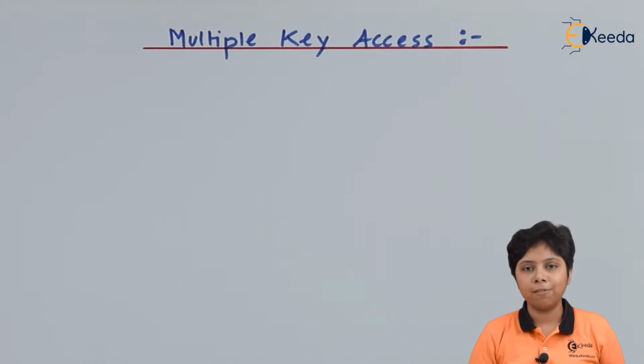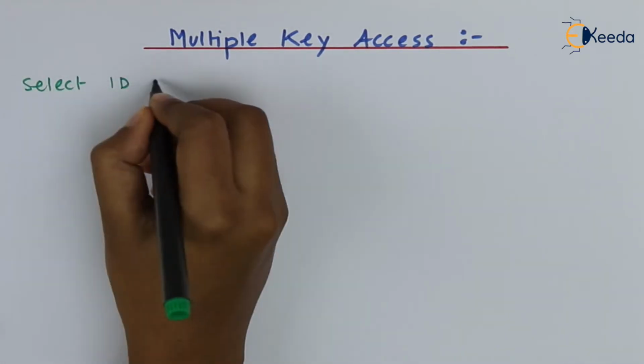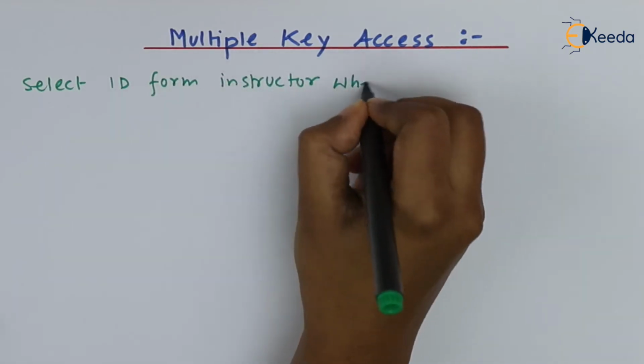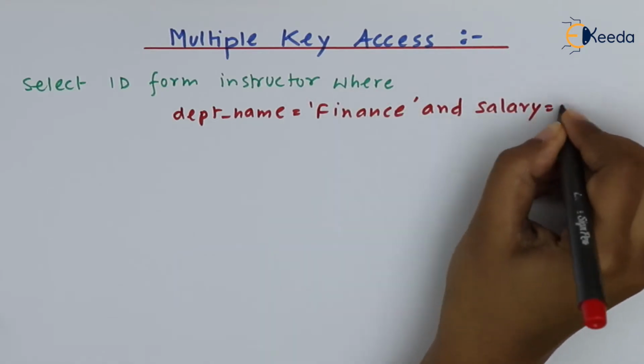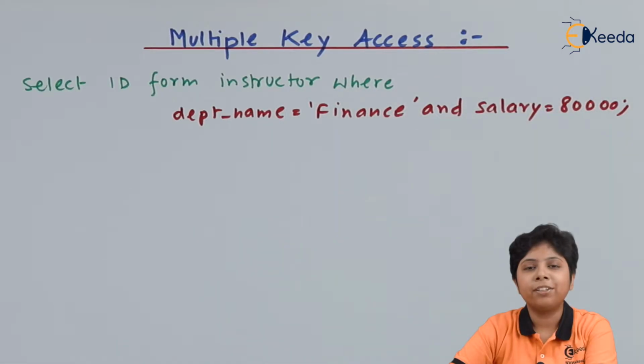If we write this query, there are several ways to solve it. First, we use the index on department name, look for finance and find all the values, then look for the second index on salary and get whatever has a salary of 80,000, and then name all the instructors of that department by their ID.